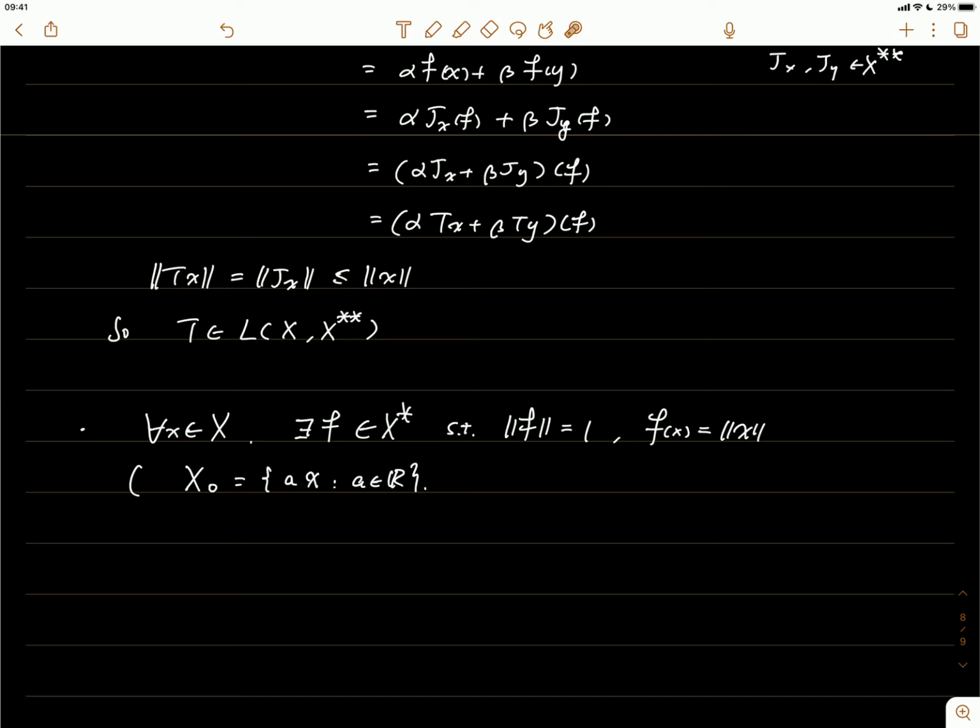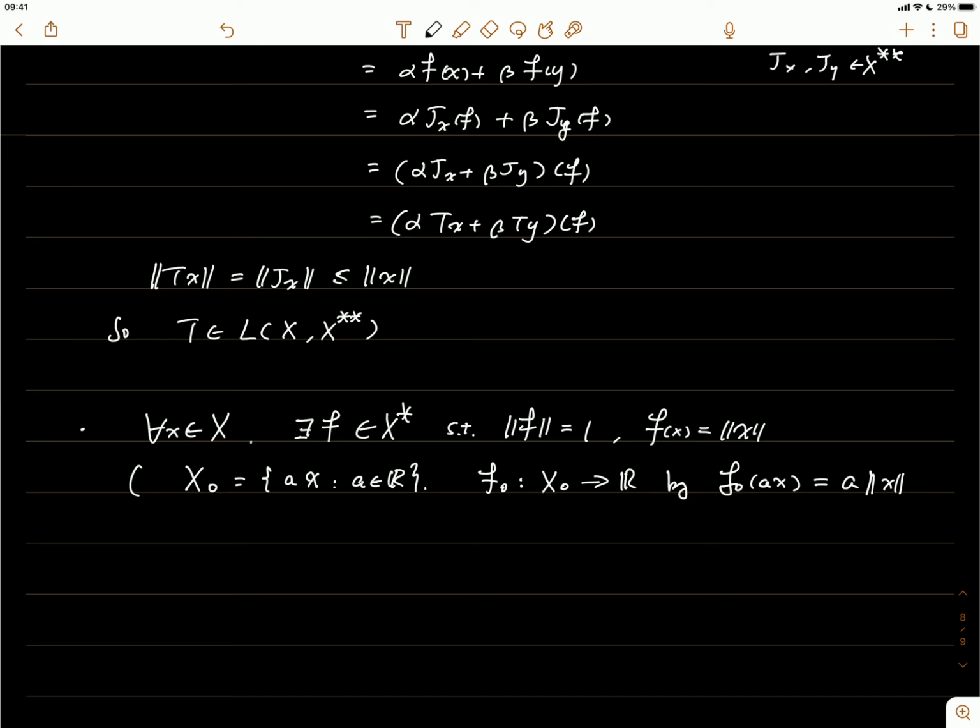And I can also define a linear mapping f naught from x naught to R. Every element in the linear subspace x naught can be written as a x, so I'm going to define f naught of a x to be a times the norm of x. The norm of x is just a constant right now, so I can do this.